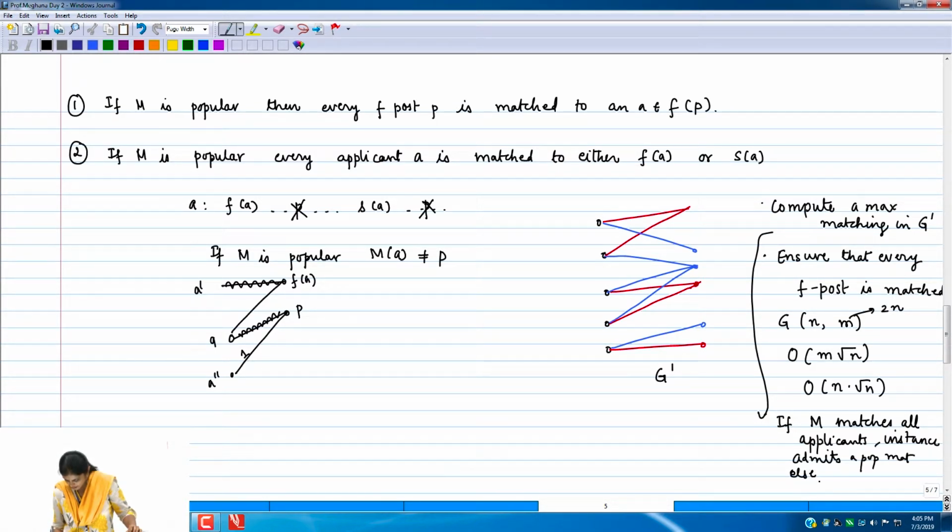Else the instance does not admit a popular matching.